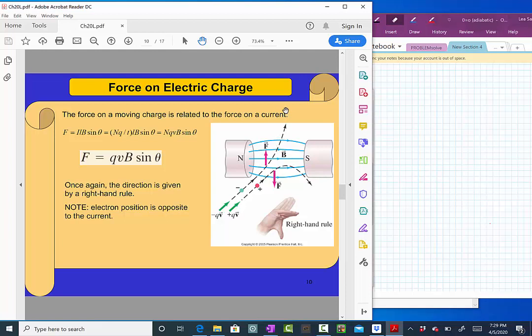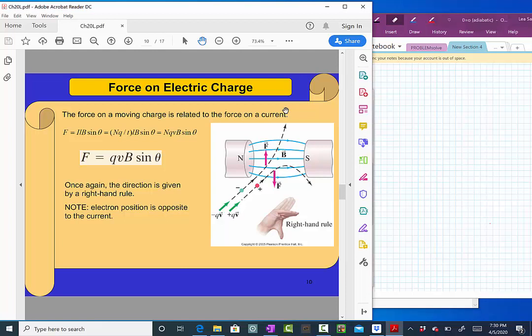You look at the direction of the velocity, that is your four fingers, the direction of the magnetic field, that is the palm, and then the thumb gives the force. If it's a positive charge, everything is exactly equal to what we did for current. If it's a negative charge, all you have to do at the end is flip the force to the opposite direction of whatever the positive charge would have had.